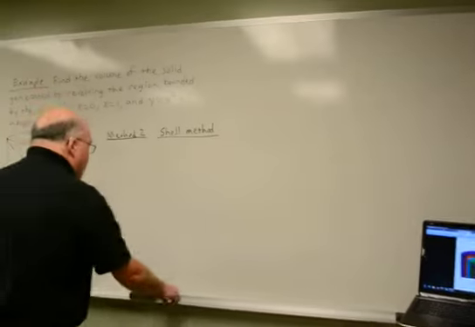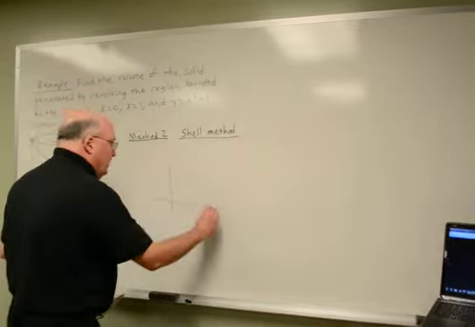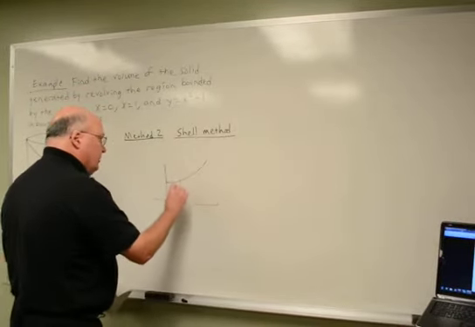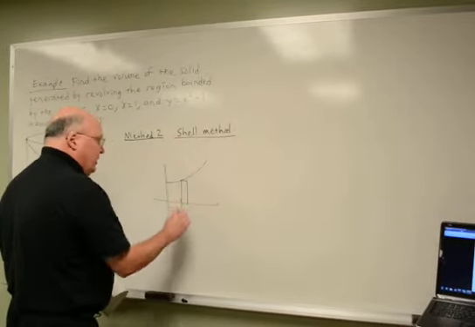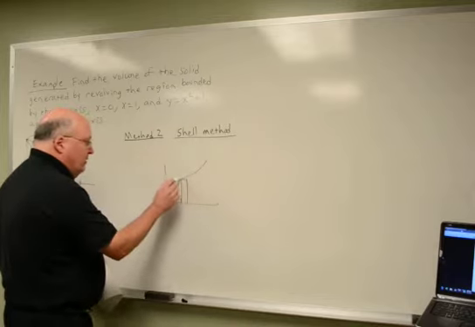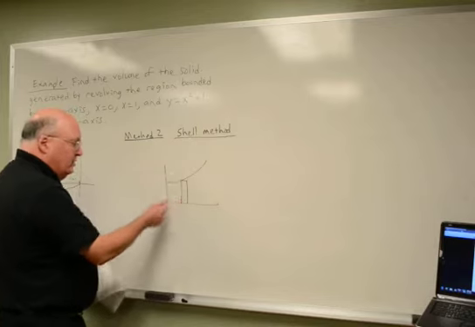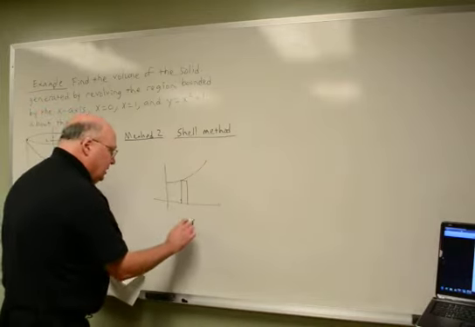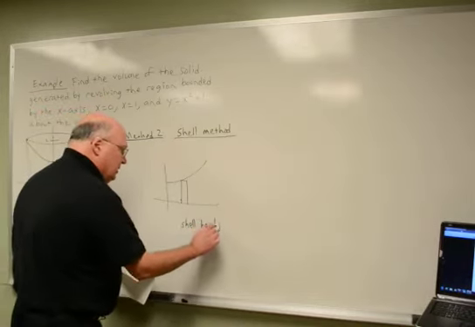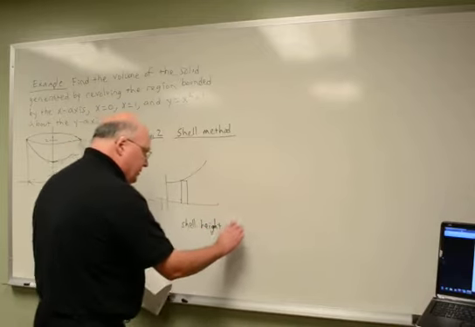So we know again, when we have our region here and we have that rectangle and we rotate that rectangle around to get our shell, that the shell height is the height of the curve.